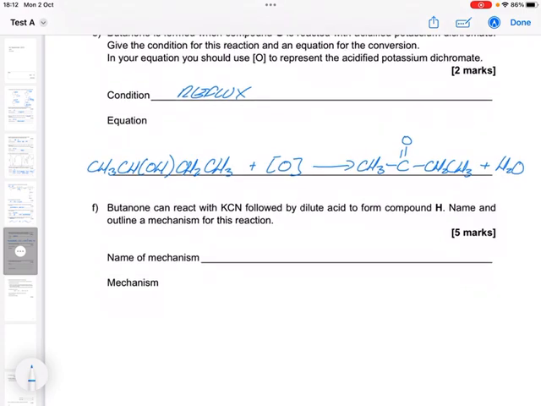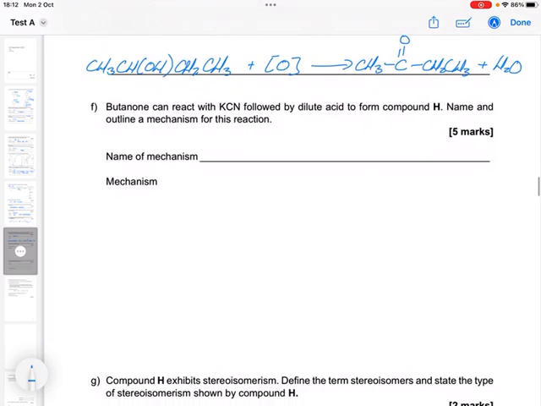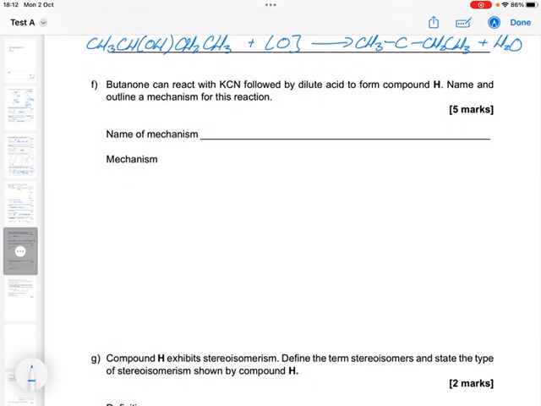Part F, butanone can react with KCN followed by dilute acid to form compound H. Name and outline the mechanism for this reaction. So let's do the mechanism first. So CH3, CO, CH2, CH3. So KCN, so I need my minus charge on the carbon.